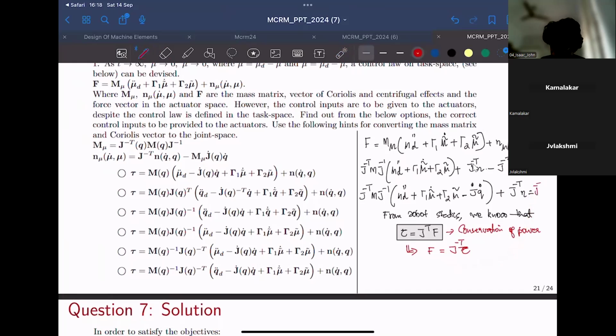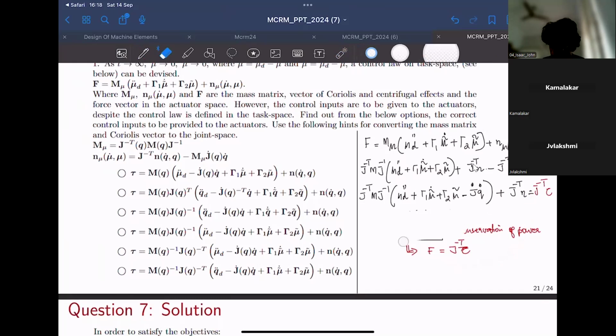From both sides of this equation, I can cancel this J inverse transpose.